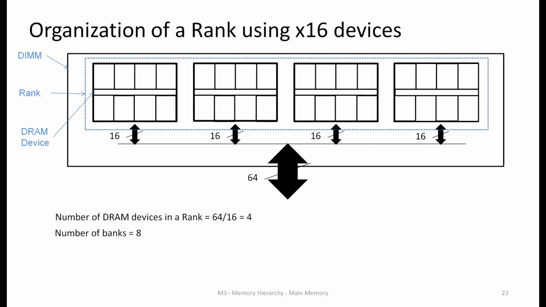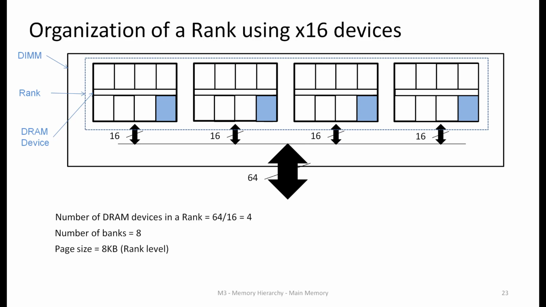Like I mentioned, all the DRAM devices look similar. So all the DRAM devices here are having 8 partitions. And when the memory controller identifies one bank, it means that a portion or a sub bank in each of these devices is identified.